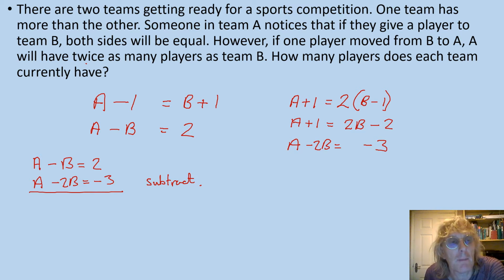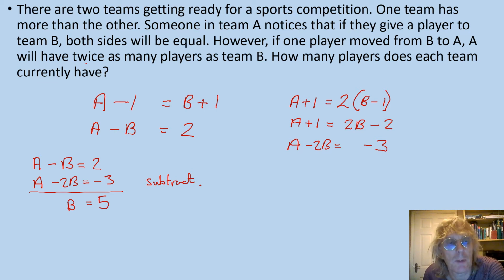A take away A is nothing. We've got minus B, negative B. We're going to subtract negative 2B. If we subtract negative 2B, we're adding 2B. So minus B plus 2B will give us B equals, we've got 2 take away negative 3, so that's 2 add 3, which is 5. So B is equal to 5.